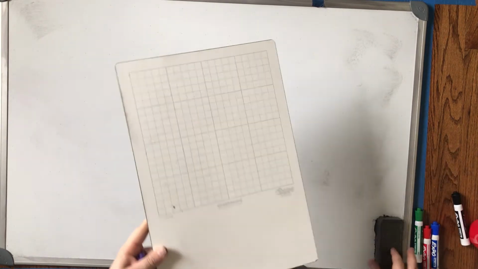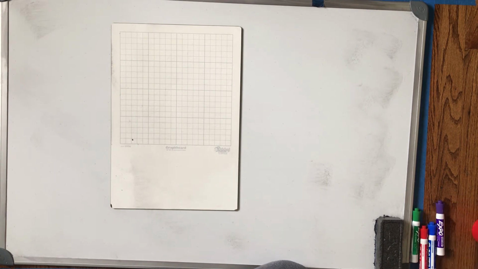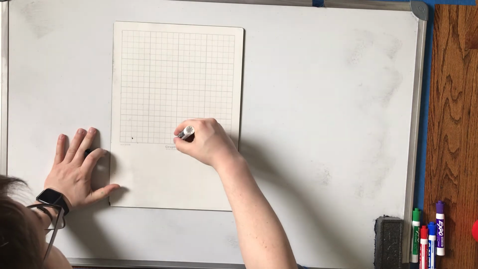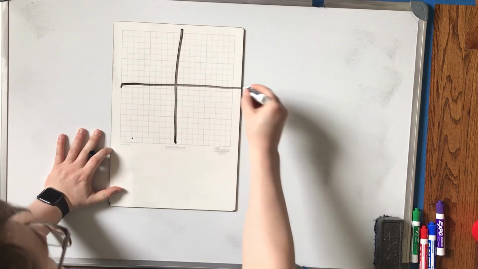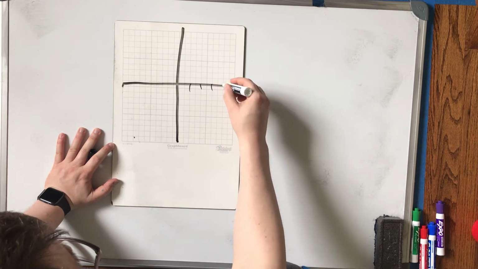Ooh, we get to use the fancy board. It's very dirty. Holy cow. Let's clean that off. I also drew all over my thumb with that. That's disgusting. All right. Let's do 1, 2, 3, 4, 5.